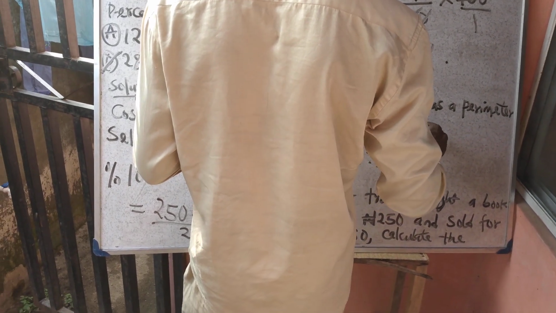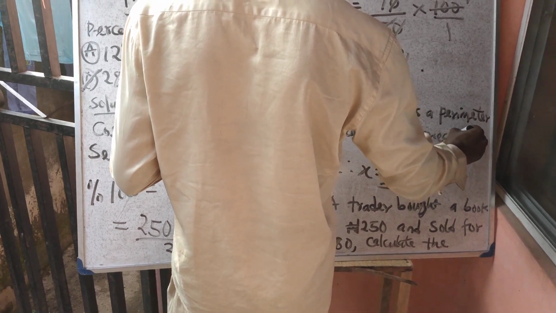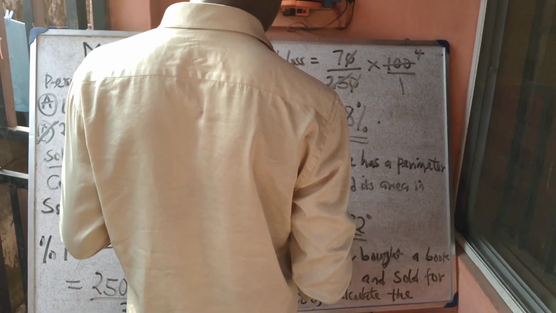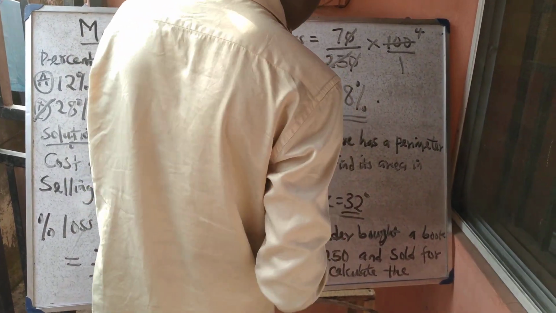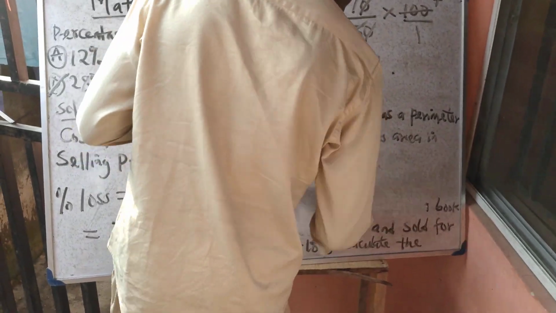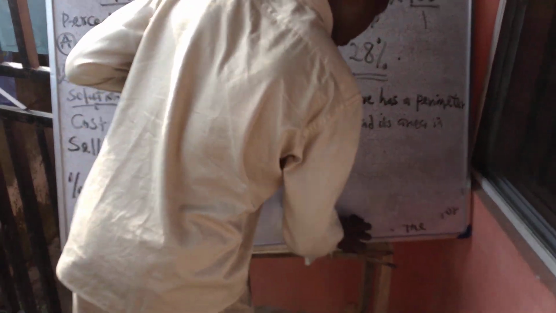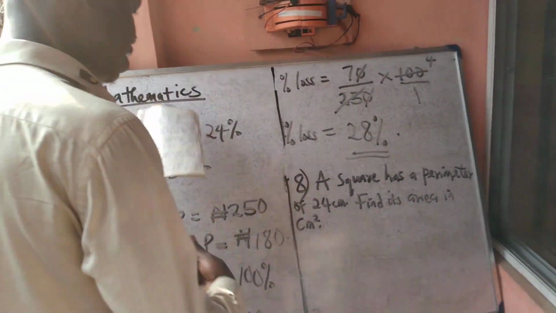Find its area in centimeter square. A square has a perimeter of 24 centimeter. Find its area in centimeter square.